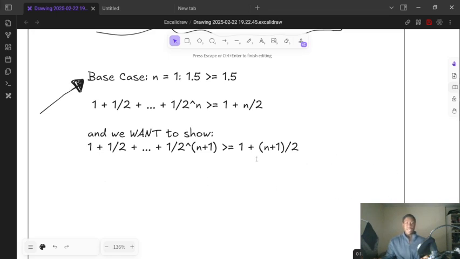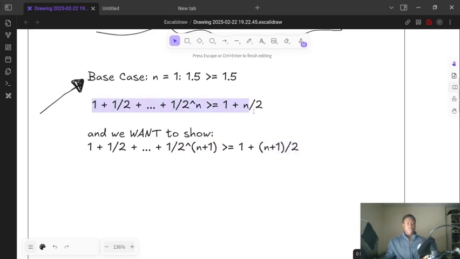When we start from this base case here, I don't see how to go by adding something from this to this. I don't see in one step by adding one thing how I can go from this to this. But what I do see is that I can go pretty easily from this to this, right?